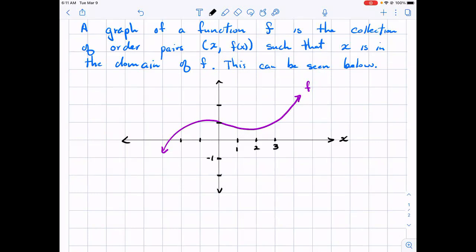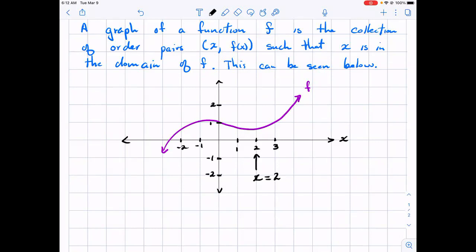If we have an x value, let's say we pick some value here. This is x, so x is equal to 2 at the current moment.